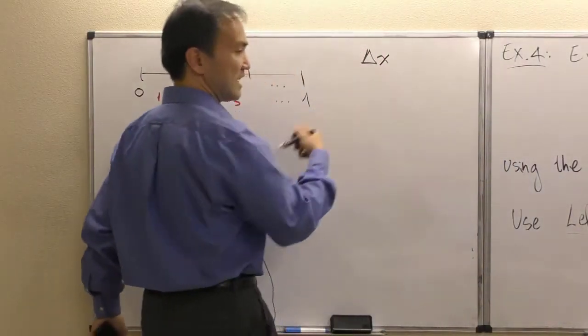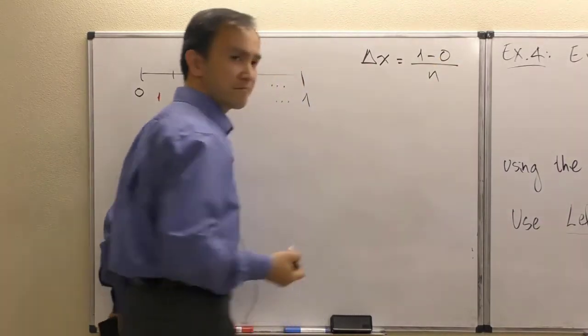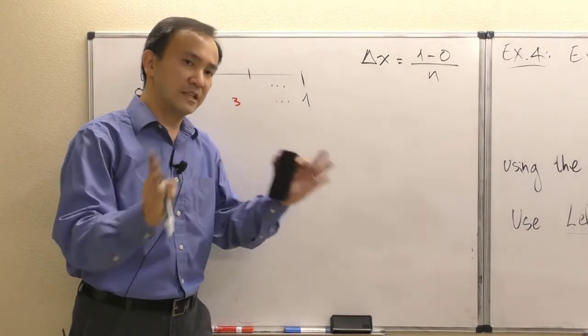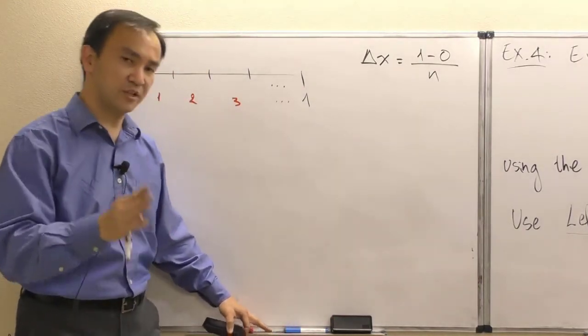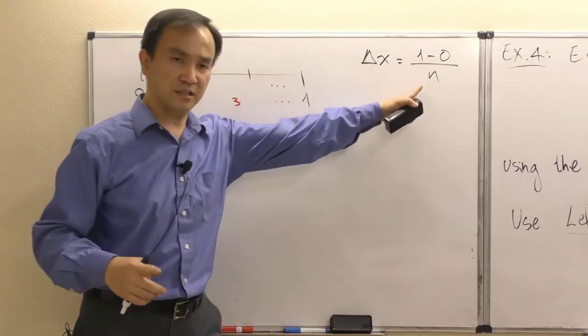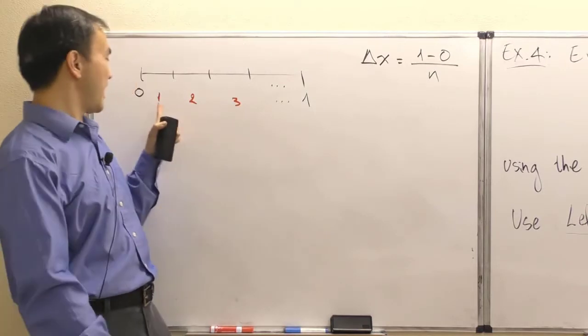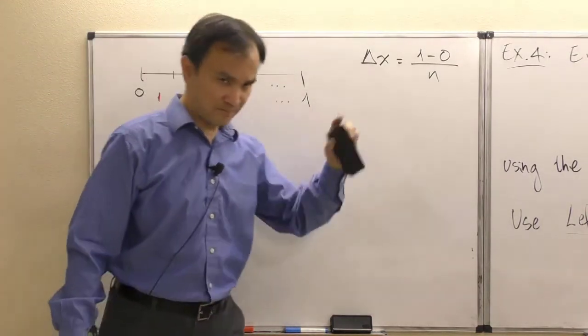Each delta x has to be 1 minus 0 over n. We just start out with some general number n of subintervals. It could be 4, it could be 5, but the idea is we start out with some general n number of subintervals. That's why I have interval 1, interval 2, interval 3, and however many more.